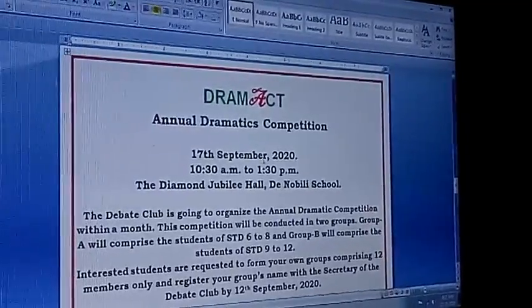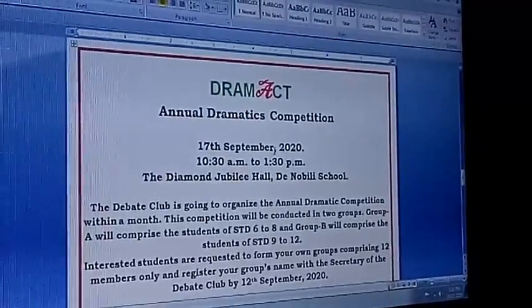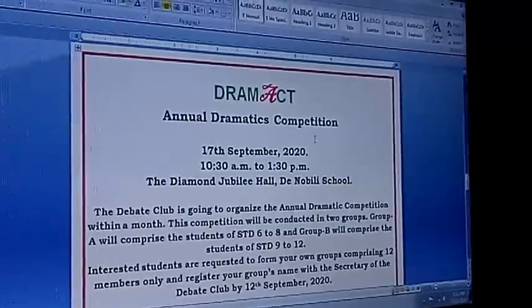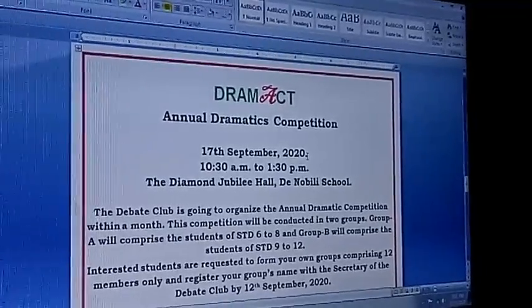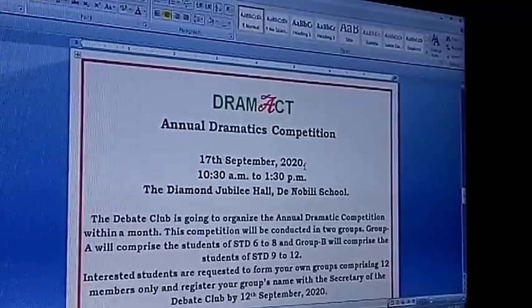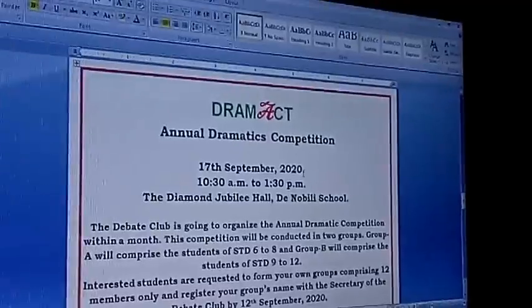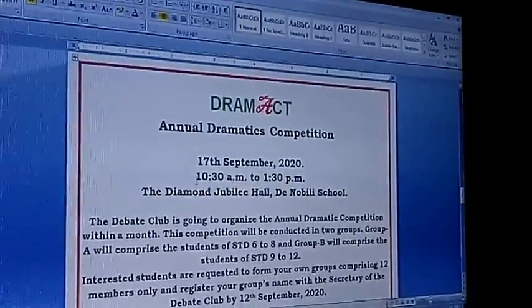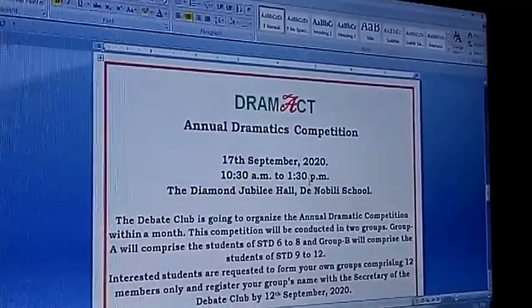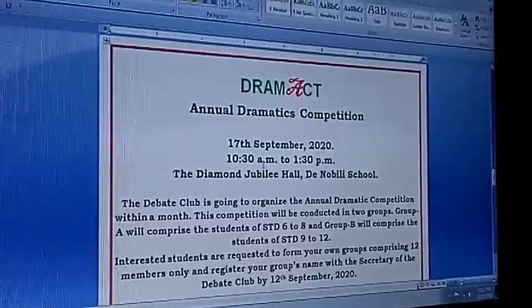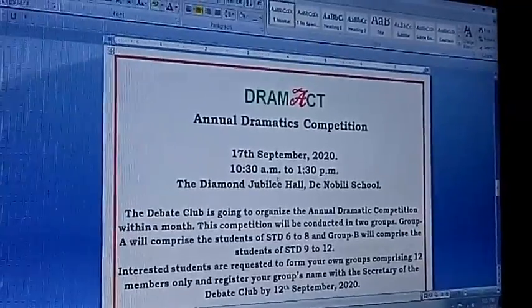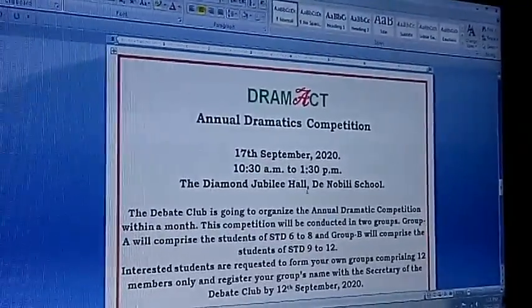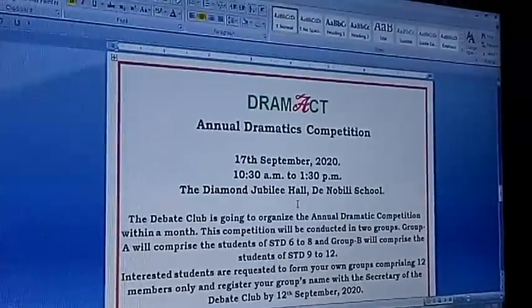That comma you have to put inside: 17th September, comma, 2020. If you don't give this dot also, correct; if you give it, correct. It is written 10:30 a.m. to 1:30 p.m., again with small letters, a dot, m dot, and then finally the Diamond Jubilee Hall, comma, of Deneville School.